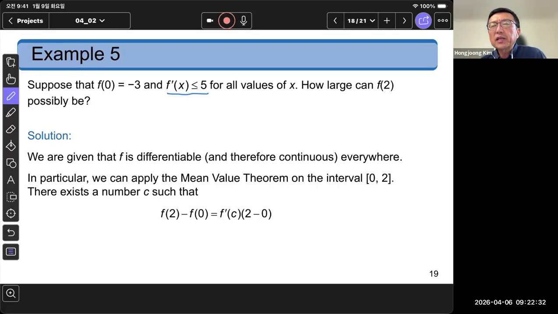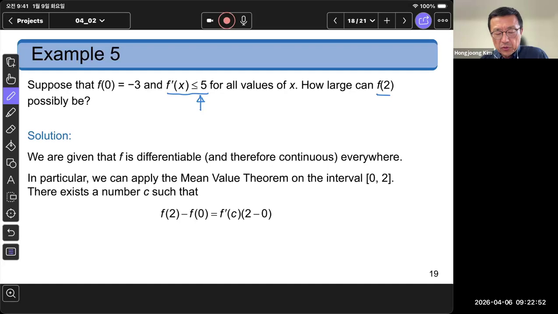So suppose that I have such a restriction. Then what will be the best, I mean, when I say the best, the largest value of f at 2?